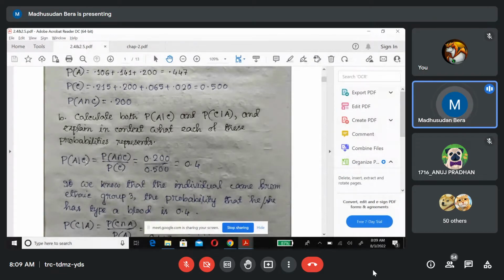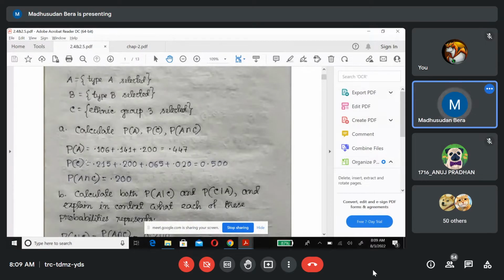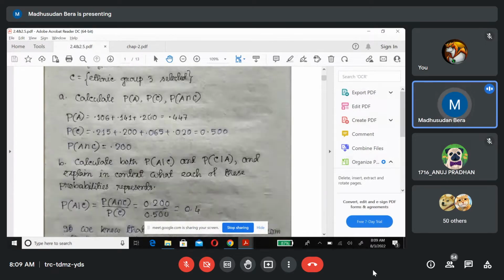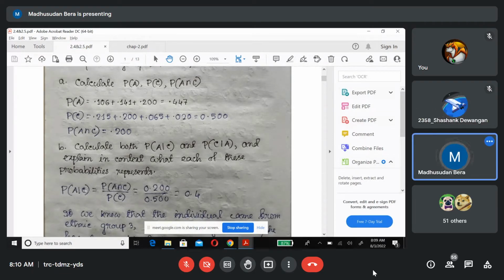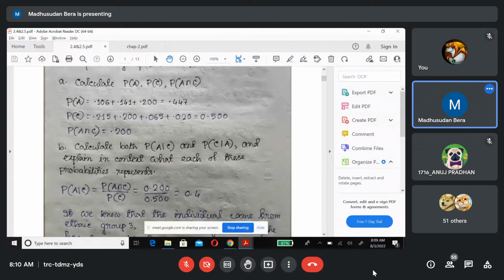It is given that C, ethnic group 3 selected. So P of A given C equal to 0.4 means if an individual is selected from ethnic group 3, then the probability that he or she has type A blood is 0.4.